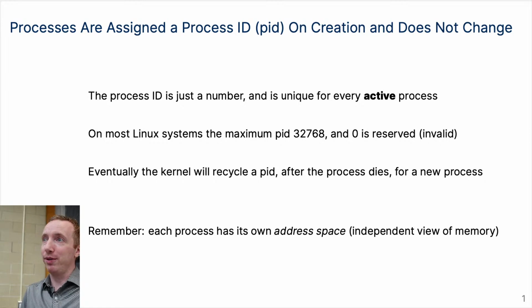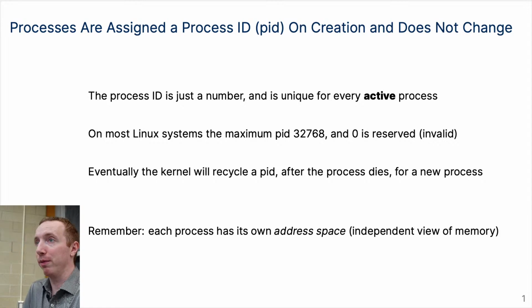But just to be crystal clear from last lecture, right? So processes are assigned a process ID or PID upon their creation, and then it does not change throughout their entire execution as long as they are alive. And a process ID is just a number, and it's unique for every active process. And active is a very important word there, because on Linux systems, any number on your system has some type of maximum.